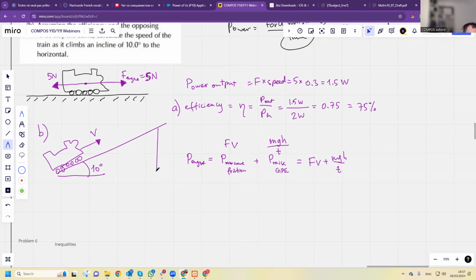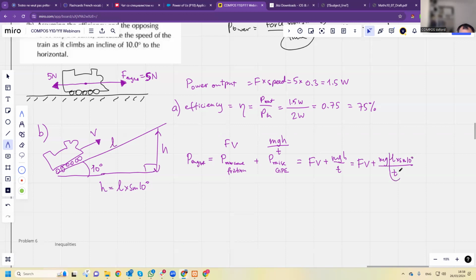But h is L multiplied by sine 10. H is L multiplied by sine 10 degrees. So we can plug that in. So it's Fv plus mg L times sine 10 degrees divided by t.